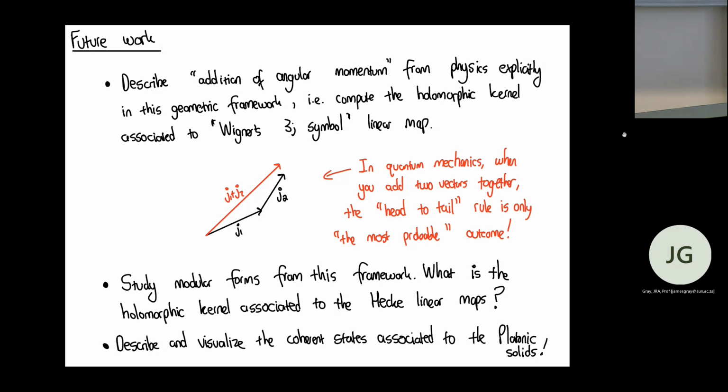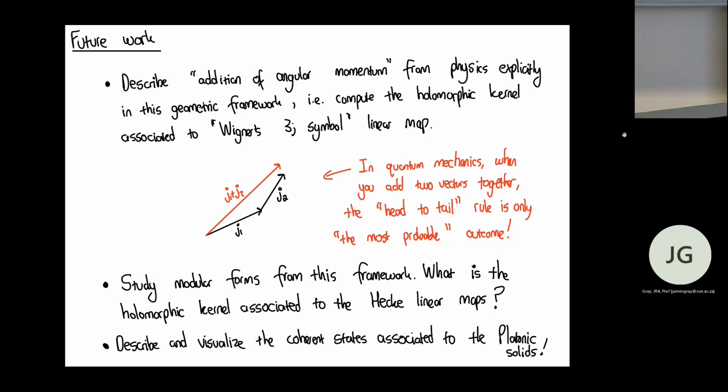And the amazing thing, according to quantum mechanics, is that if I take a vector of length J1 and another vector of length J2, and I ask physics to add those vectors together, it doesn't produce the head-to-tail addition exactly. When you add two vectors together, you're taught in grade 12 or something, you stick the one vector at the end of the other vector, right?